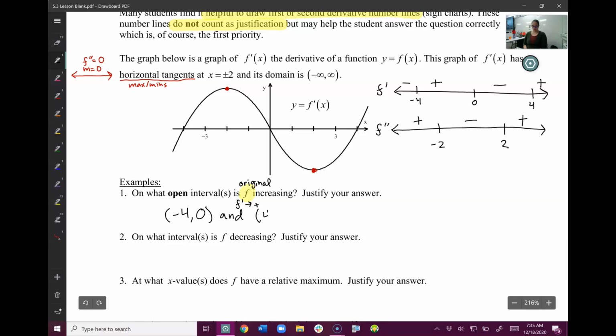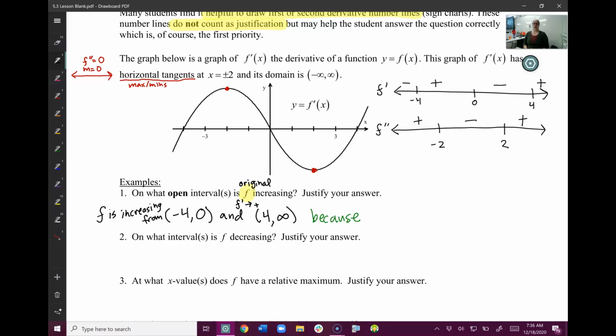And 4 to infinity. And now we need to justify. So we can say f is increasing from -4 to 0 and 4 to infinity because, and I'm going to write all of these in green because that "because" is so important.